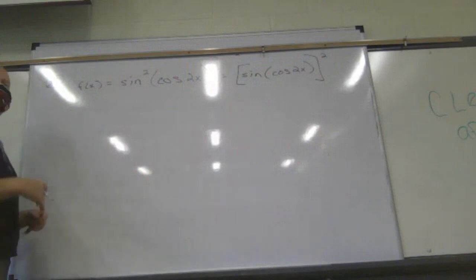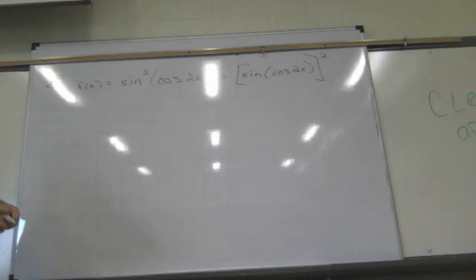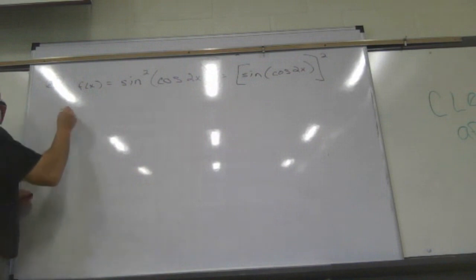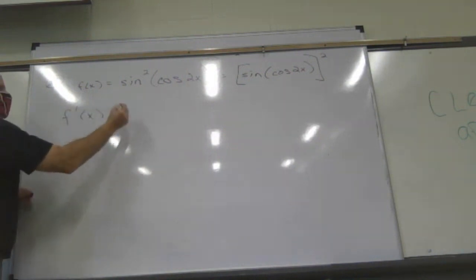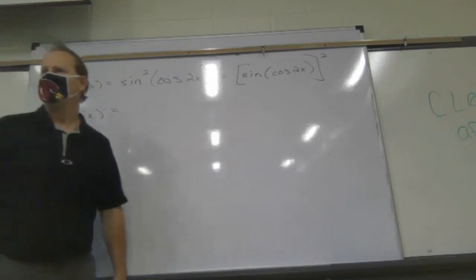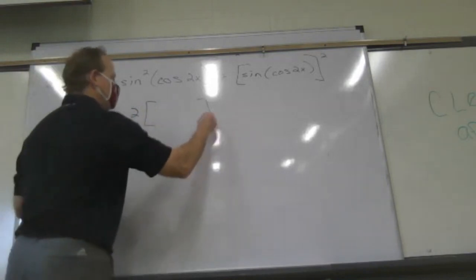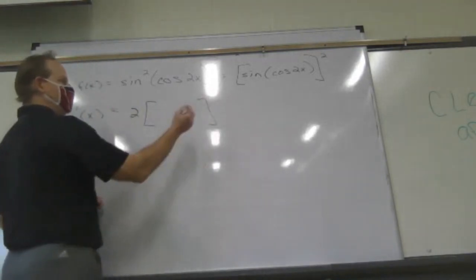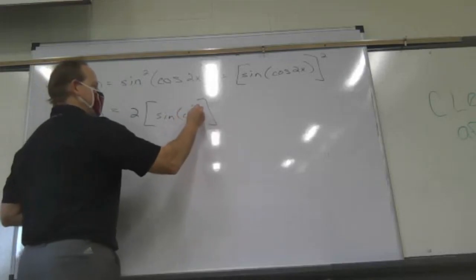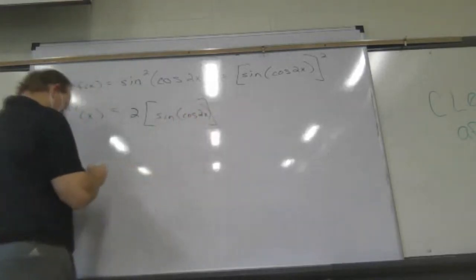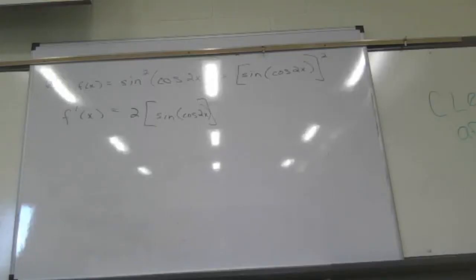So I would use what rule for f prime? What's the first rule I use? Power rule. So we drop the 2 down in front, that thing to the first power. So it's sine of cosine 2x times the derivative of what's inside.